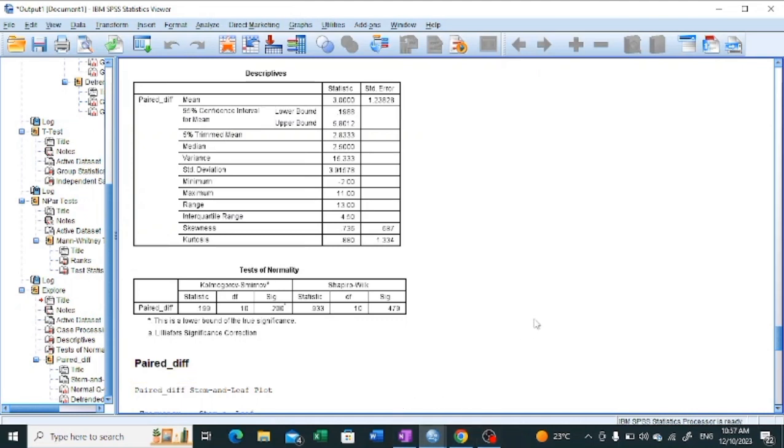So normality test is supported, and since normality test is supported, we can do the write up in the same way as we have done before for the normality test.